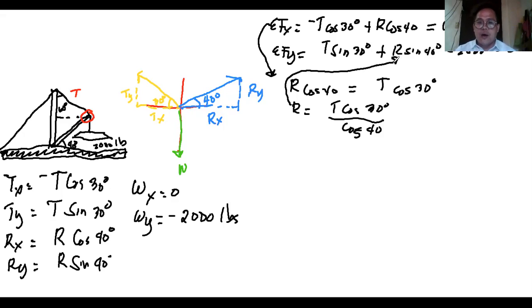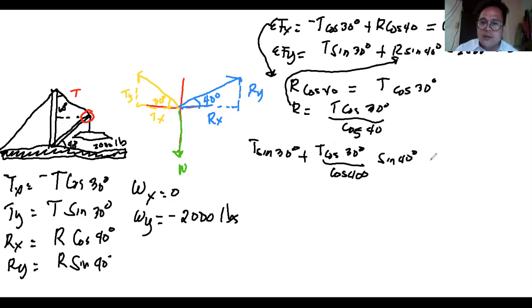So the equation now will be tension sine 30 degrees plus tension cosine 30 degrees all over cosine 40 degrees times sine 40 degrees equals 2000.